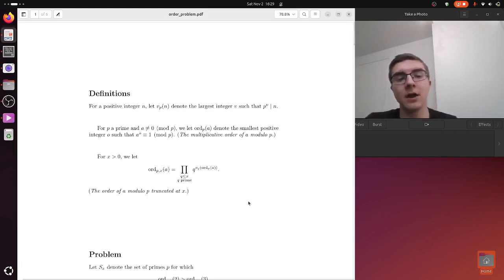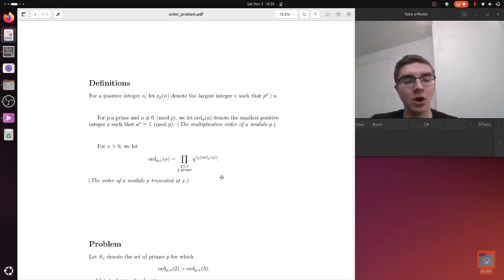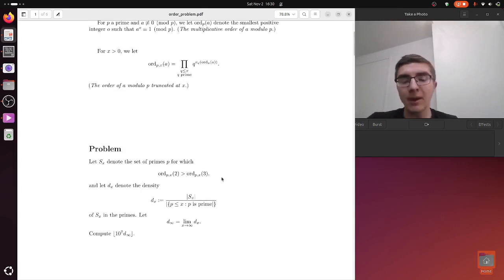And finally, a non-standard definition: we let the truncated order of a modulo p be equal to the order of a modulo p, except that in the prime factorization we omit all prime factors that are larger than x. Now, the problem can be stated as follows.